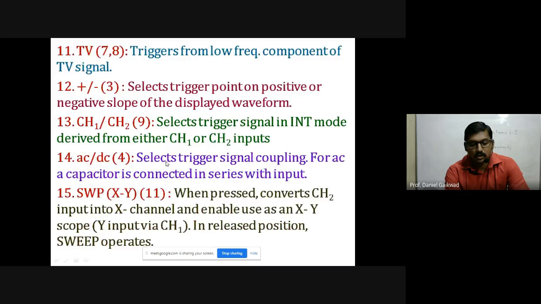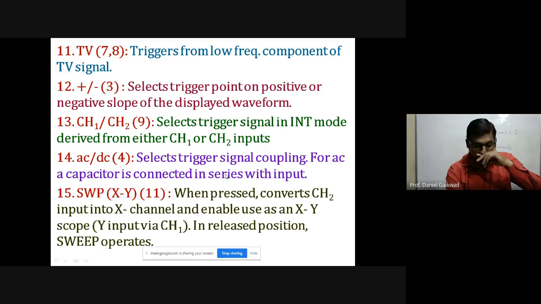So what is the role of that? Check carefully. Number 4th, select trigger signal coupling. For AC, a capacitor is connected in series with the input. So for AC, a capacitor is connected, and for DC, the signal is given directly. So this is the selection of AC and DC, and accordingly we have the waveform displayed on the screen.